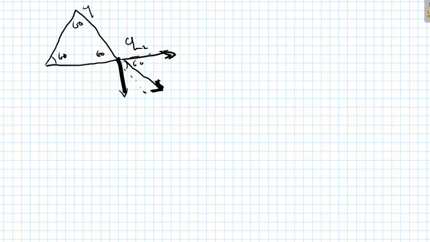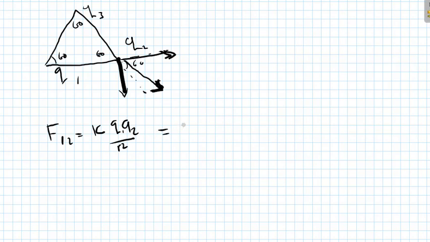So we have Q3 and we have Q1. According to Coulomb's law, we know that F12 is equal to the constant times Q1 Q2 divided by R squared.